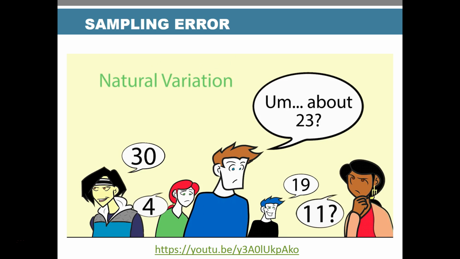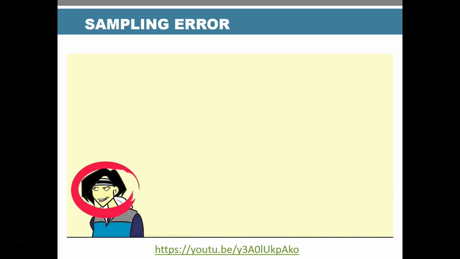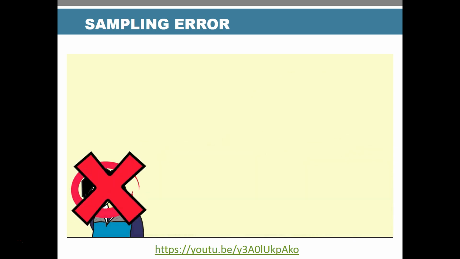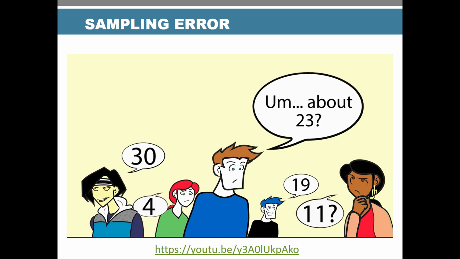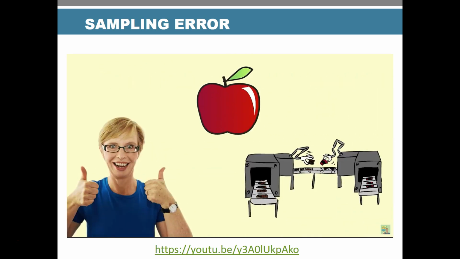If all students sent the same number of texts in a day, taking a sample of one student would give us all the information we need. But all students don't send the same number of texts in a day. There is variation. And this is true of almost all human, natural and manufacturing processes. There will be variation.